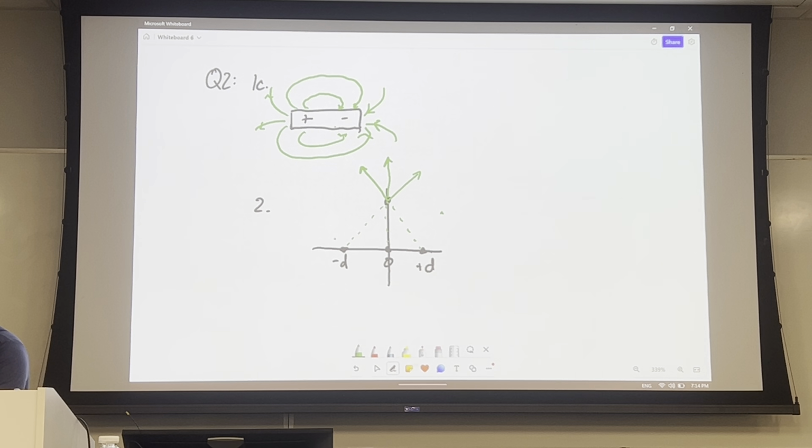Let's just call this 1, 2, and 3. What simplifications can be made before you even begin the problem? So here we'll call this electric field from 1, electric field from 2, and electric field from 3.